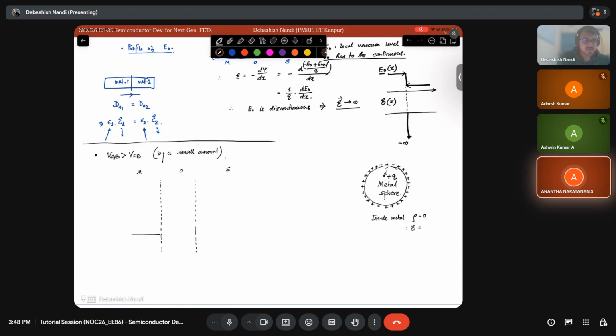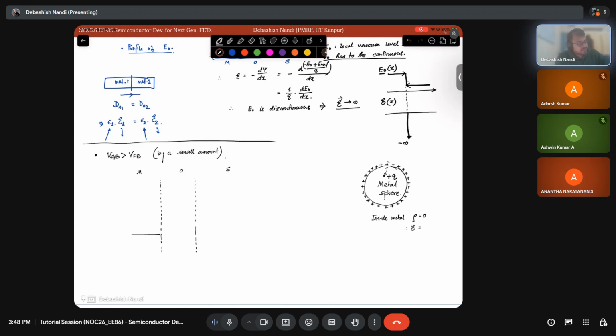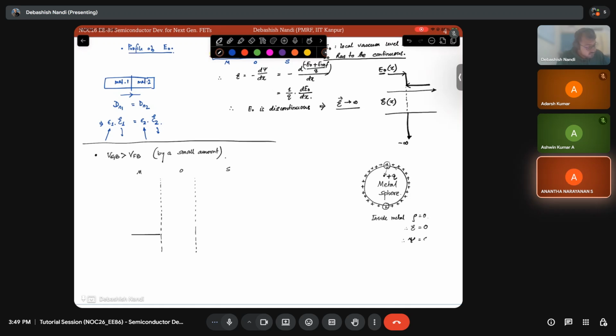Because flux of electric field is equal to the charge enclosed. If your electric field is ideally spread across the metal, the electric field lines will get cancelled inside the metal. If you get the resultant, your electric field will also be 0. So if your electric field is 0, what is your potential inside the metal? It will be a constant. So your energy band will also be constant, okay?